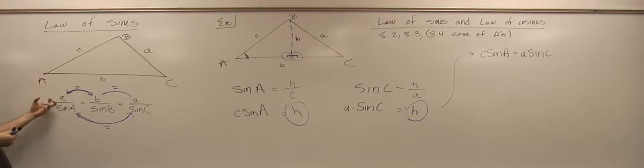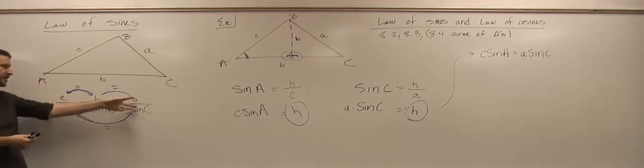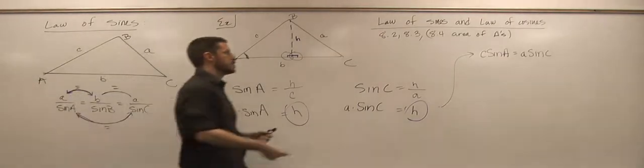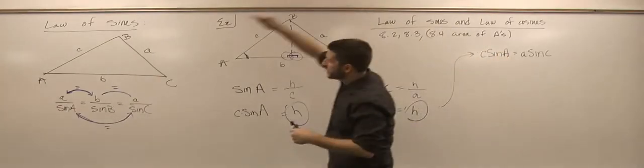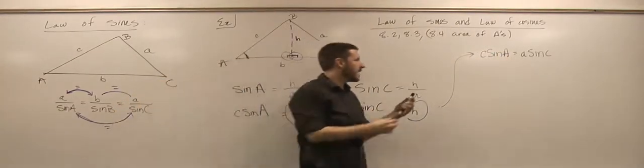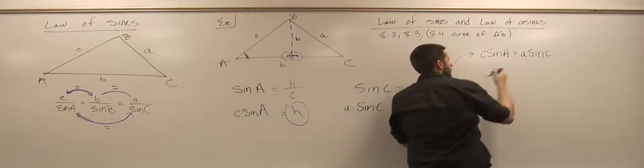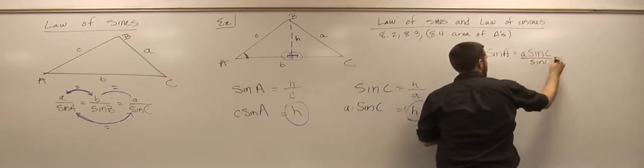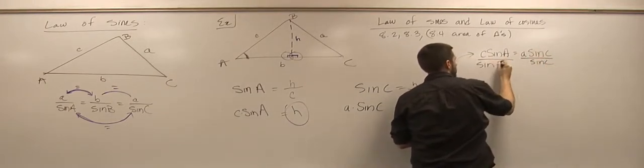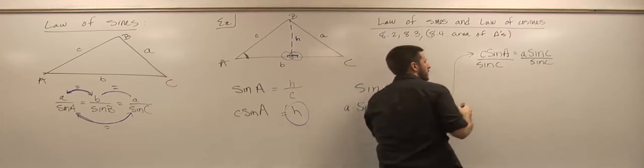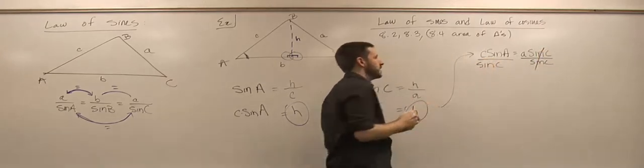A over sine A is the A's go together. C over sine C, the C's go together. So you can turn this equation back into this format by dividing. If you divide sine C over to the other side, you get your C over sine C.